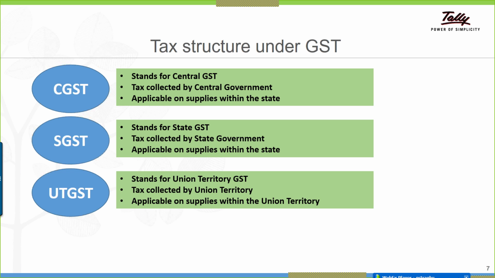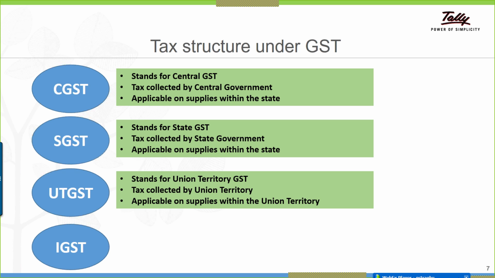For the rest, if the transactions happen within, assume that in Chandigarh you buy from Chandigarh and sell in Chandigarh, then you need to charge UTGST and CGST, not SGST. Only Delhi and Puducherry, as they have a legislature, can charge SGST. The remaining 5 have to charge UTGST.